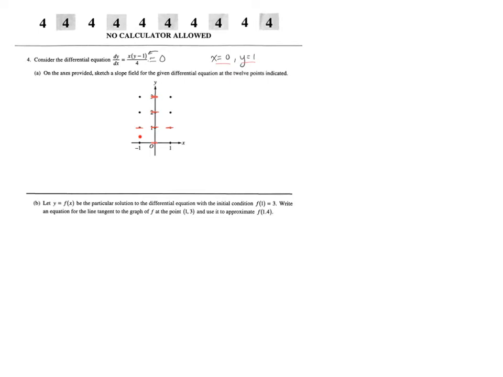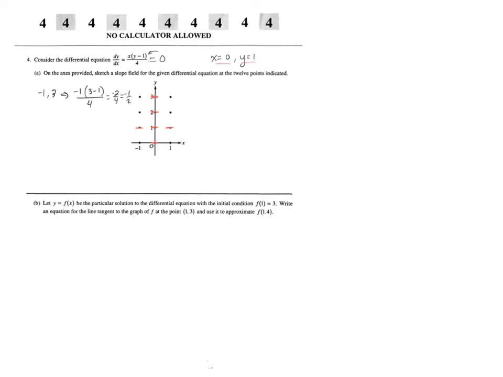So let's go and work at these places where x is negative 1, this point, and this one. So if x is negative 1, let's do it when y is 3 up here at the top. If y is 3, then our slope would be negative 1 times 3 minus 1 over 4, which is negative 1 times 2, which is negative 2 over 4, which is a slope of negative 1/2.